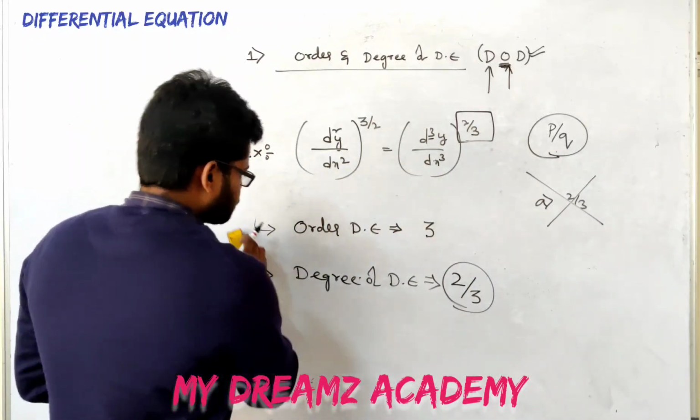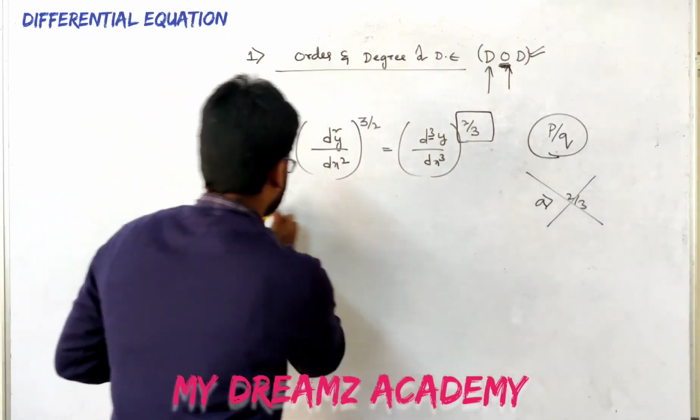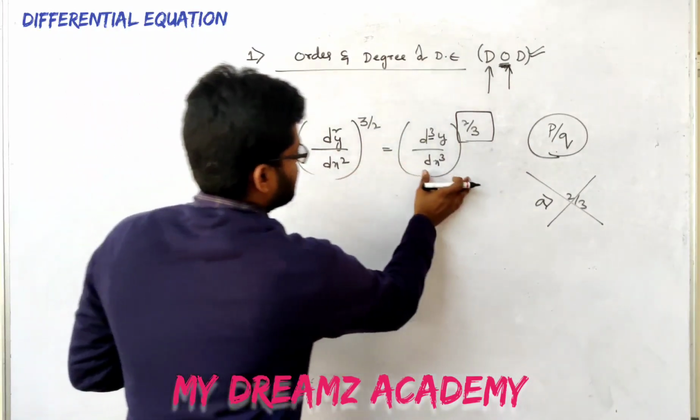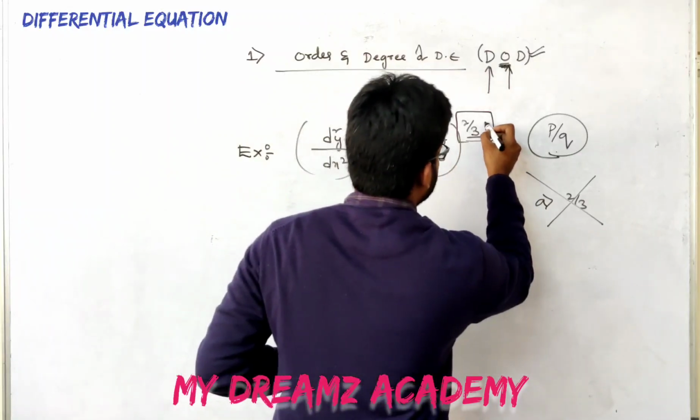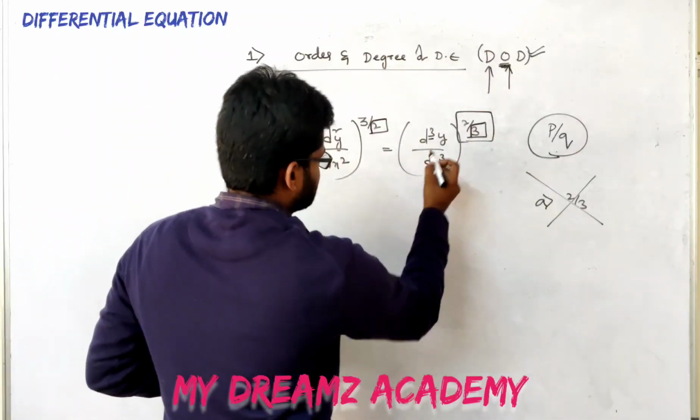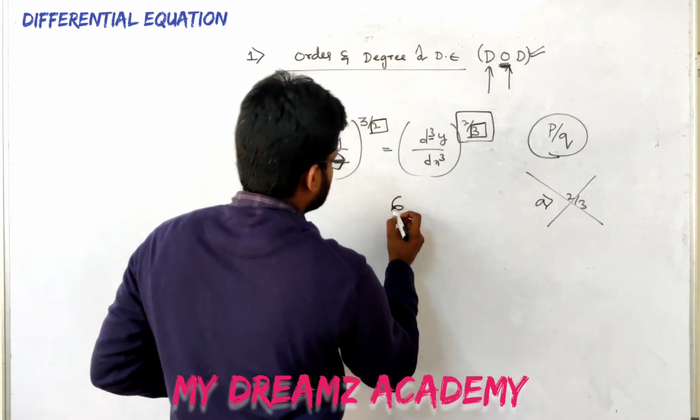So you just see the equation. The denominator here is 2. The denominator here is 3. The LCM of 2 and 3 is 6.